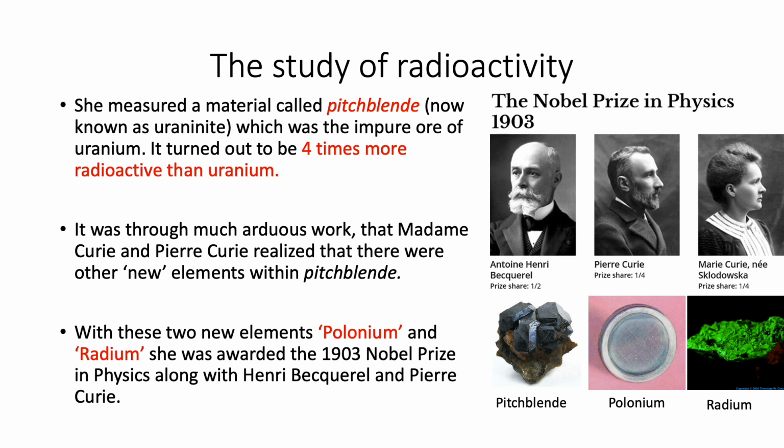To extract radium from pitchblende, Madame Curie had to get 10 tons of pitchblende, which is 10,000 kilograms, to get 1/10 of a gram of radium. And it took her 4 years just to harvest that amount. Try to imagine the amount of work that went into creating just 1/10 of a gram of radium.